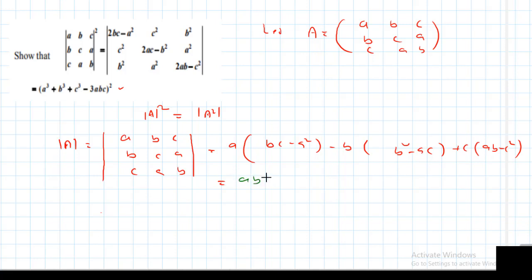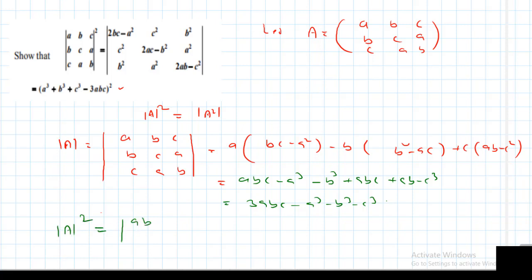So ABC minus A cube minus B cube plus ABC plus ABC minus C cube, that is equal to 3ABC minus A cube minus B cube minus C cube. So what actually I want is det A whole square. That is nothing but ABC, BCA, CAB squared, which is 3ABC minus A cube minus B cube minus C cube. This is result number 1.